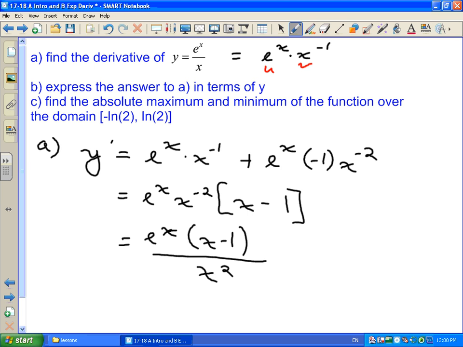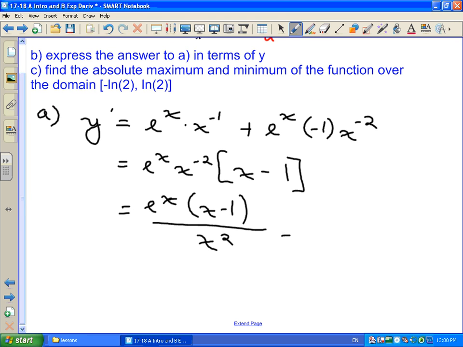If we wanted to express this in terms of y, let's see. Y is e to the x over x. So this is kind of like e to the x, x minus 1 over x times x. And this part right here is my original function, y.